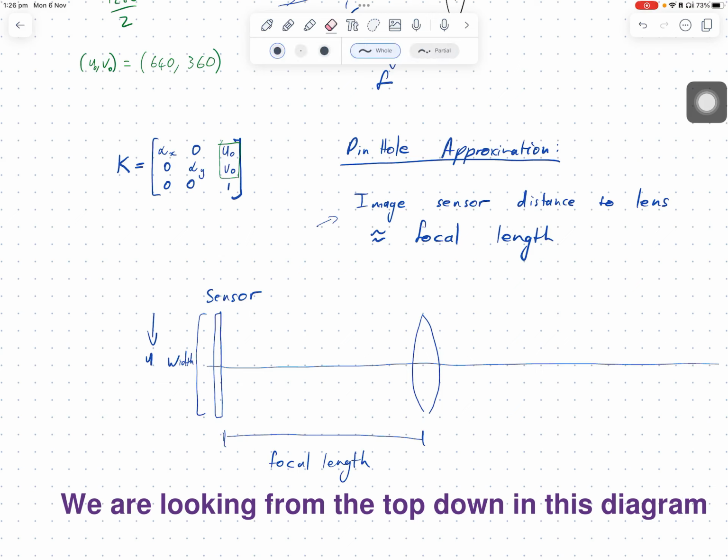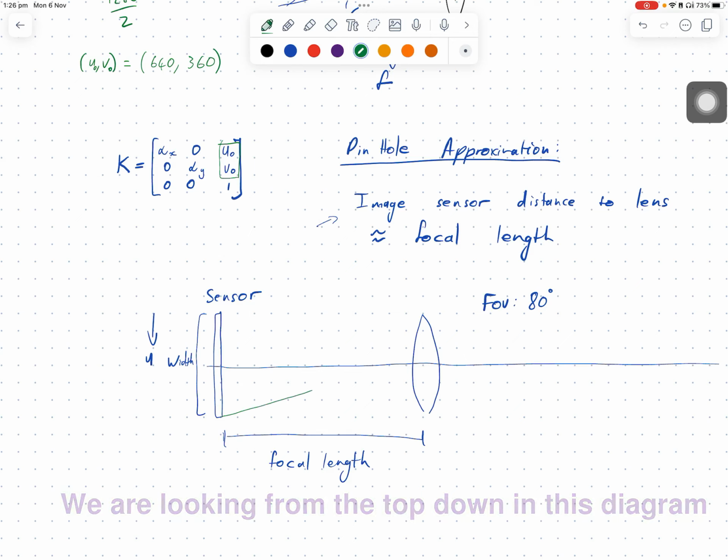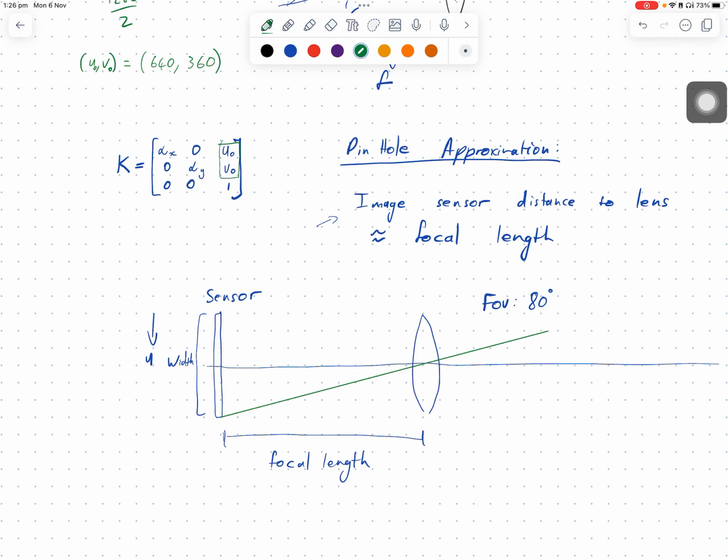So we've been told that the field of view of our camera is 80 degrees. So that means anything that our lens is going to project onto the sensor is going to be a maximum of 40 degrees away from the optical axis. So to illustrate that, I'm going to draw a line through the lens. Hopefully this will play ball. There we go. Draw another one the other way.